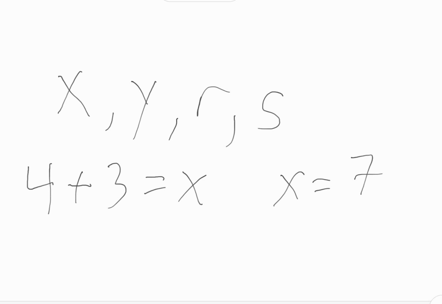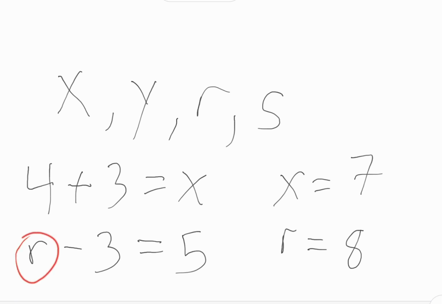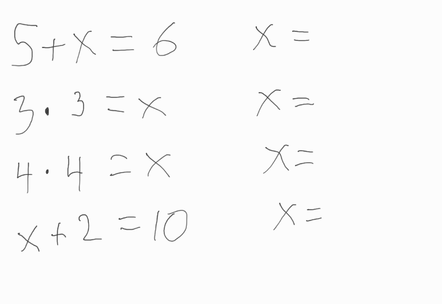If we have R minus 3 equals 5, what does R equal? 8. So that's all a variable is. It's a symbol that represents a value that we don't know until we do the math. Okay? Again, variables are a symbol that represents a value that we don't know yet.